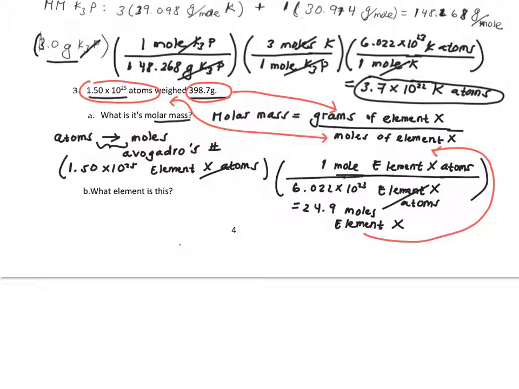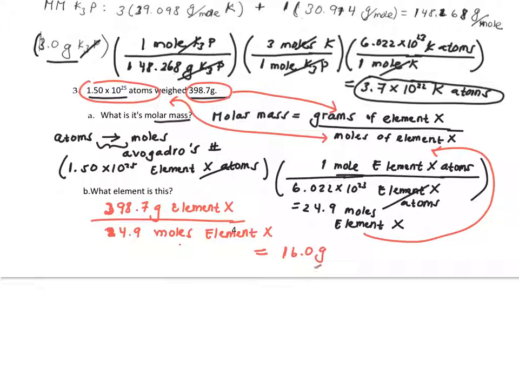We have 398.7 grams of element X divided by 24.9 moles of element X. This ends up being 16.0 grams per mole. That's the molar mass. What element is this? If you go to the periodic table, this is oxygen.